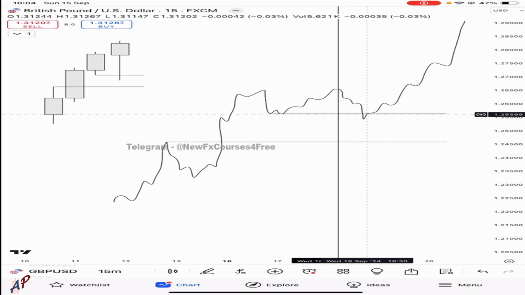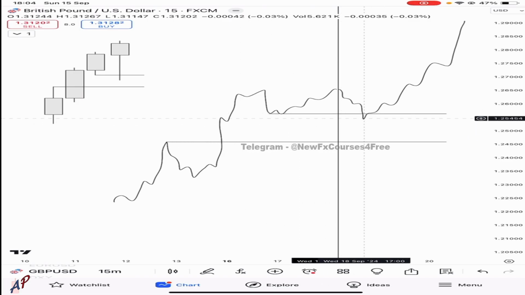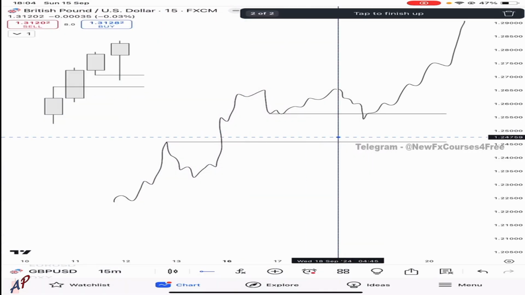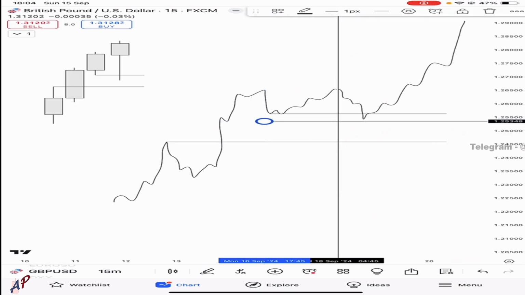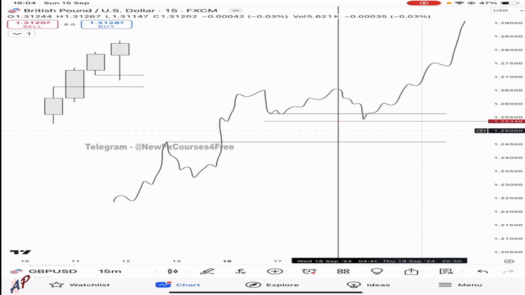you enter here, okay, with a stop either at an intermediate term high or low on the left that you trust, or you wait for a lower time frame change in state of delivery, or you go with a blind stop like I do sometimes.